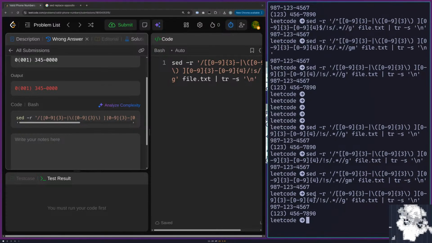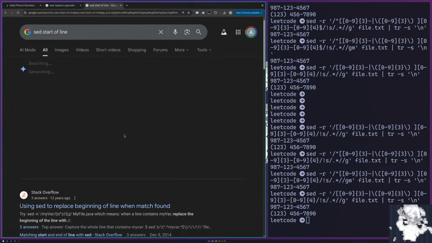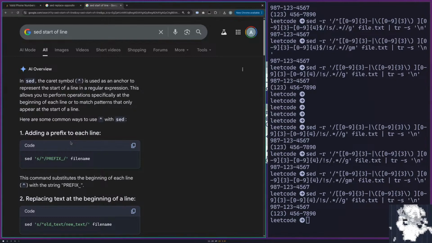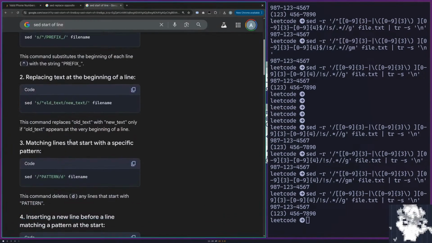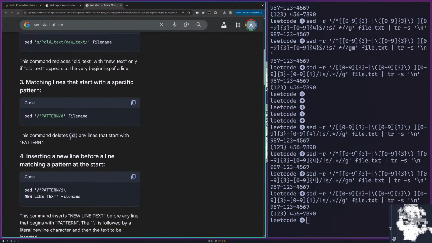Yeah, said start of line. It is the caret symbol. Command D deletes any line that starts with pattern.